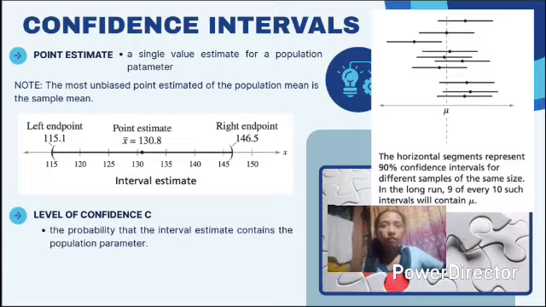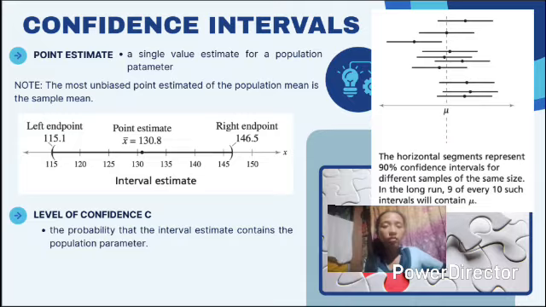A confidence interval has three main parts: the point estimate, the margin of error, and the confidence level. The point estimate is a single value from the sample. The margin of error, or ME, is the amount added to and subtracted from the point estimate.